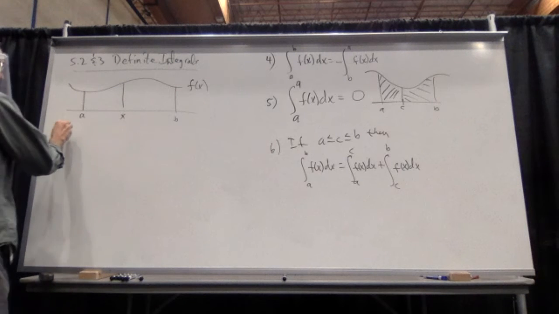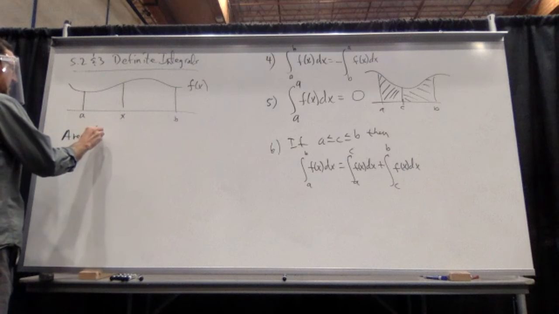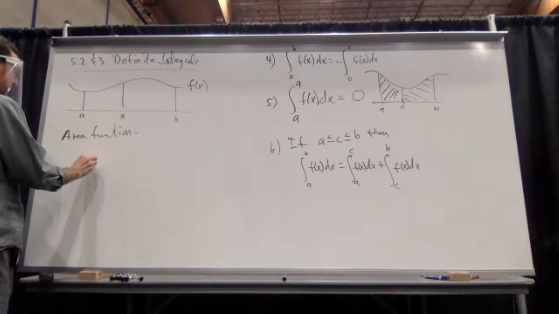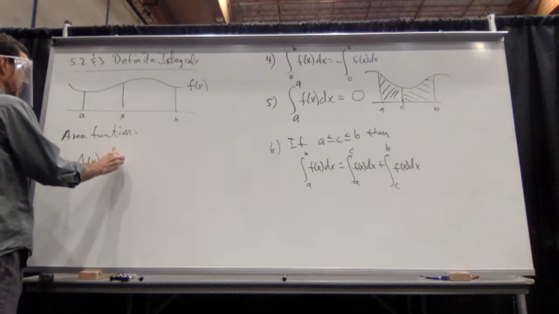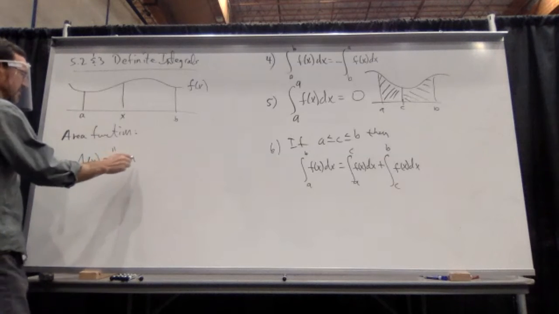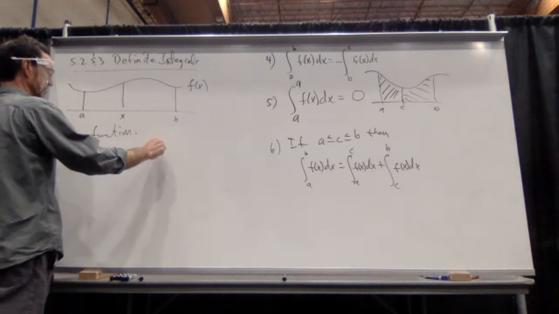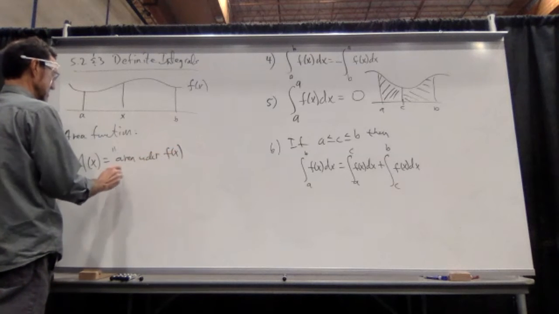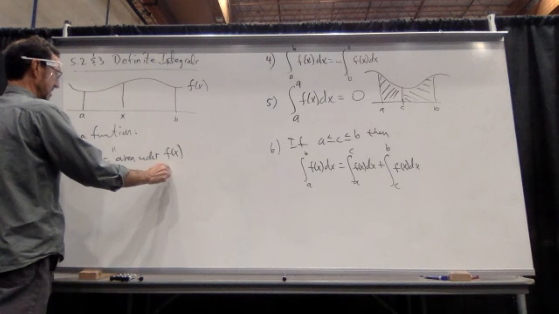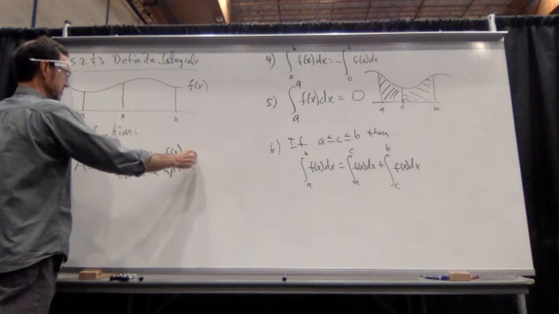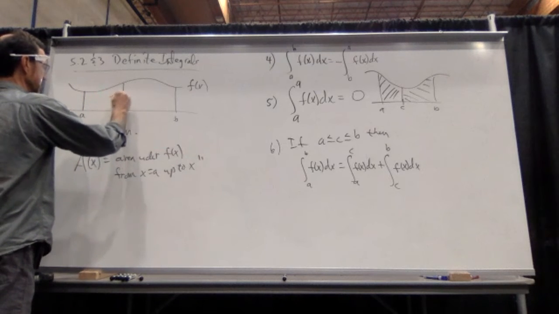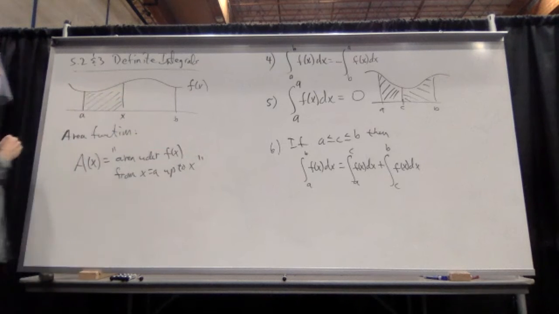Then I want to define an area function, like this, we'll call it cap A. It's equal to the area, that's why I chose A. It's the area under the graph of f of x, starting at a, up to the x value we choose. So for this picture, the function A of x is equal to however much area is in there.